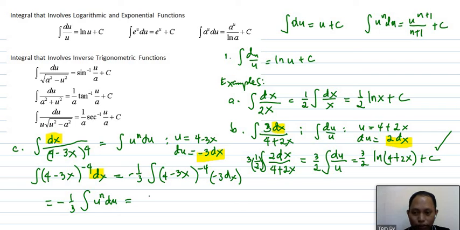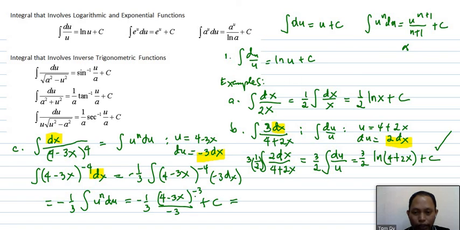So when you solve this, that is negative 1/3, and the integral of u to the n du equals u to the n plus 1 over n plus 1. So you have your u, which is equivalent to 4 minus 3x, raised to n plus 1, that is negative 4 plus 1, which is negative 3, over negative 3, plus c.